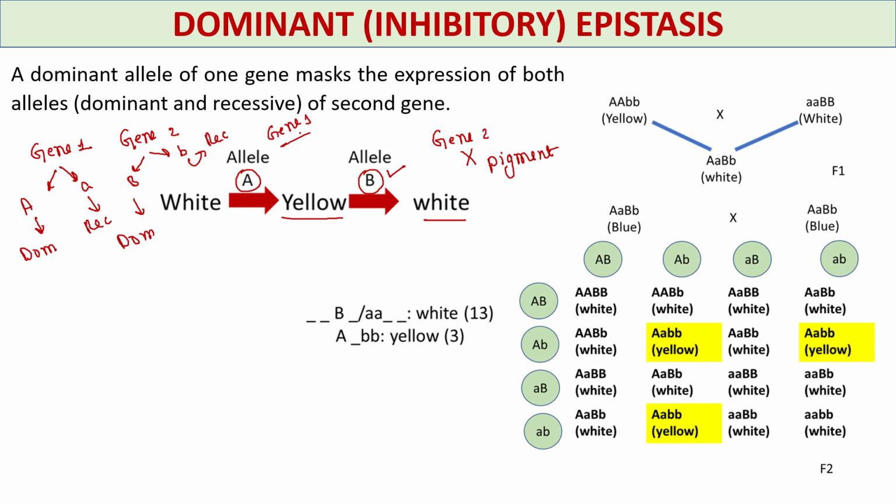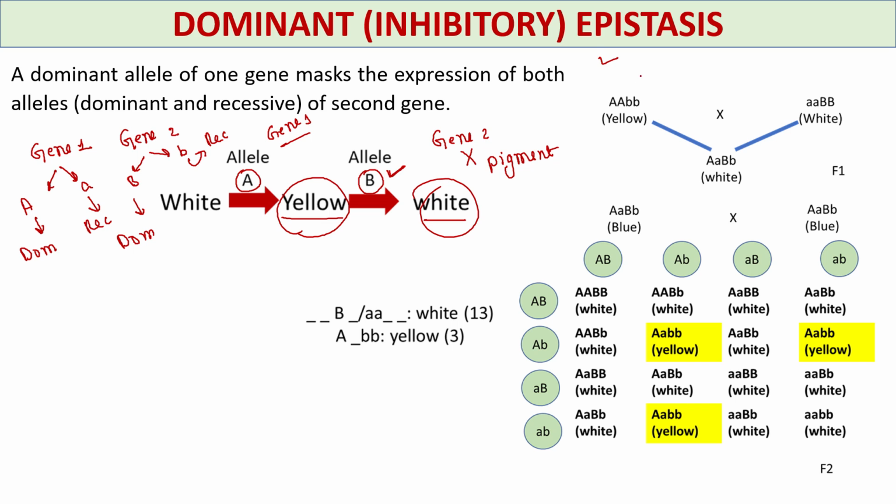So, gene 2 is inhibiting the effect of gene 1 here. Now, the capital A allele makes a flower yellow. Then gene 2 comes into action. If it has at least one capital B allele, it will destroy the functionality of gene 1 and make it white.